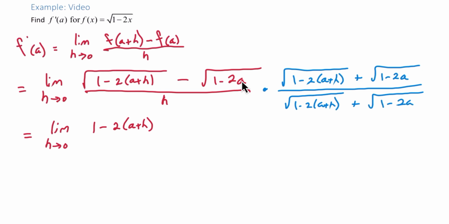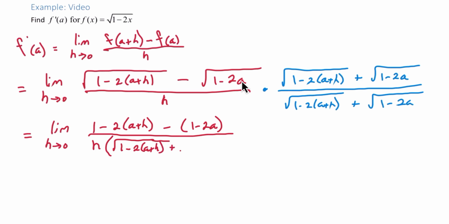Again, that's going to eliminate the radical, leaving us with negative 1 minus 2a all over h times the square root of 1 minus 2 times a plus h plus the square root of 1 minus 2a.